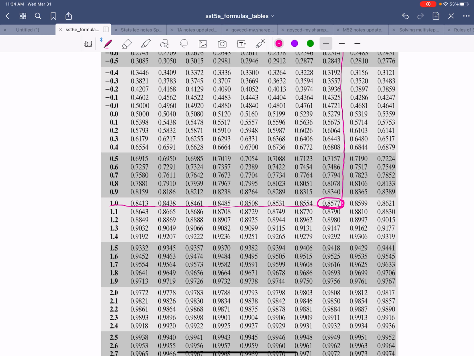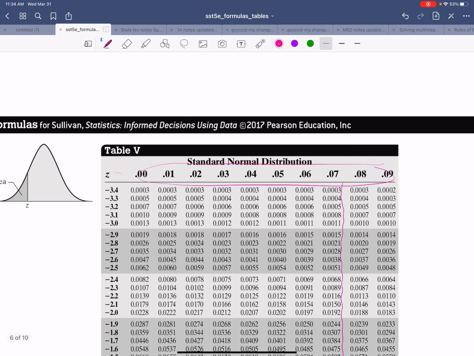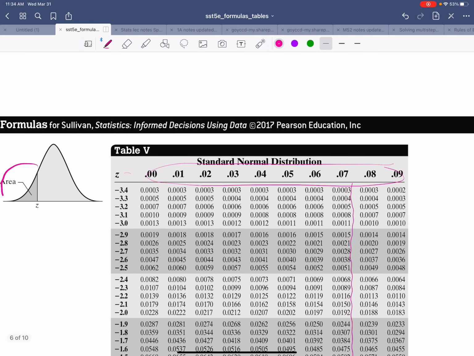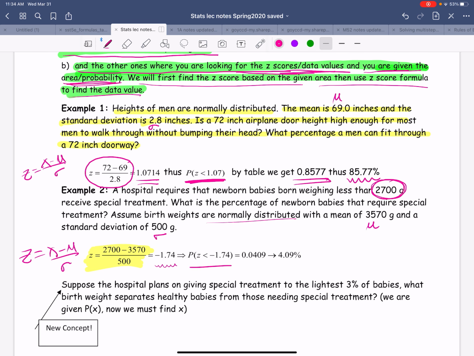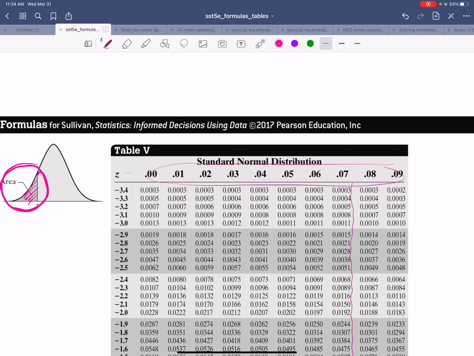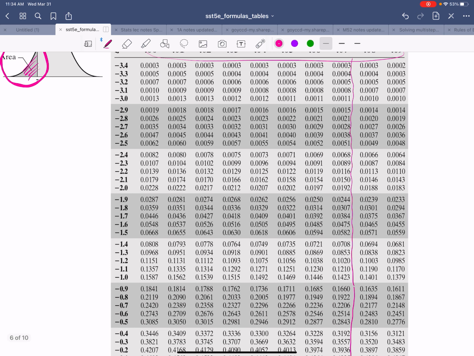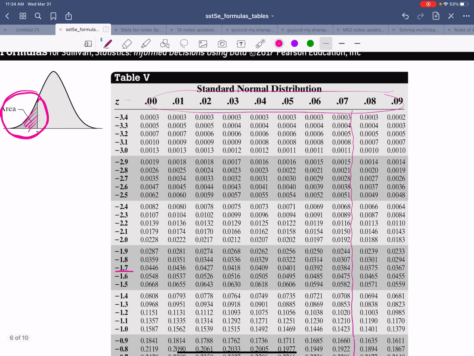Let's look at the table again. It's also important to keep in mind this table gives me area to the left. This picture tells me it talks about area to the left of the z-score, and now we're looking for the area to the left of negative 1.74. So let's look at negative 1.74 here. Negative 1.7 and 4 turns out to be 0.0409.